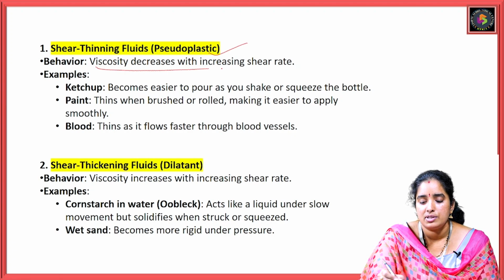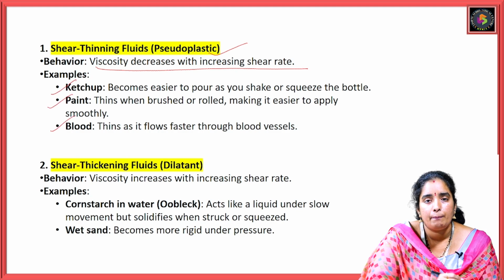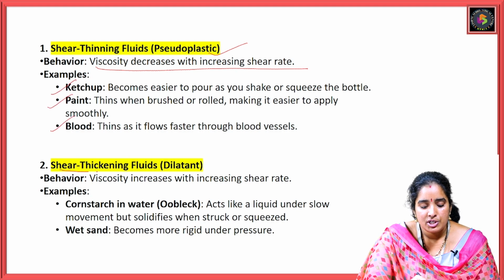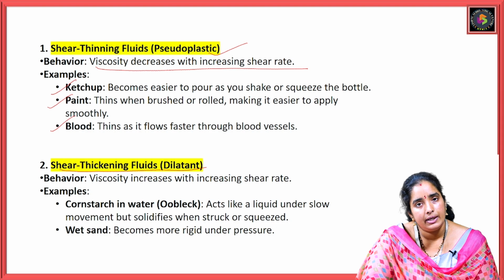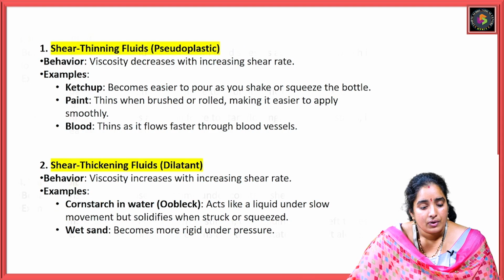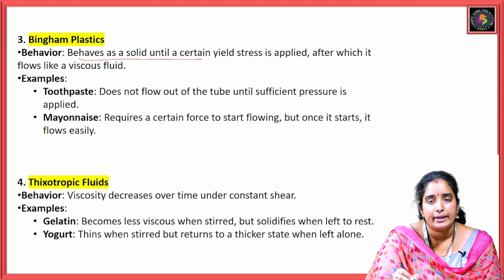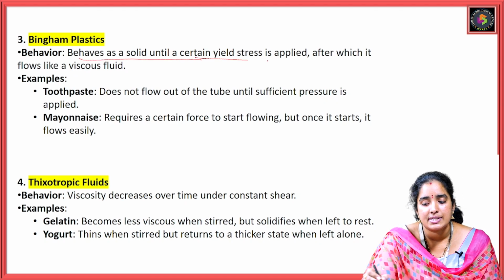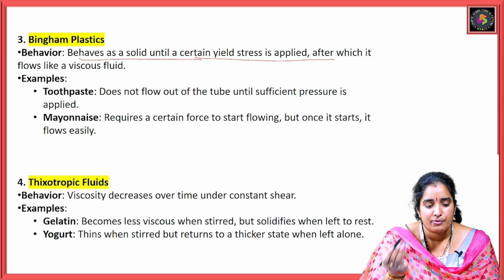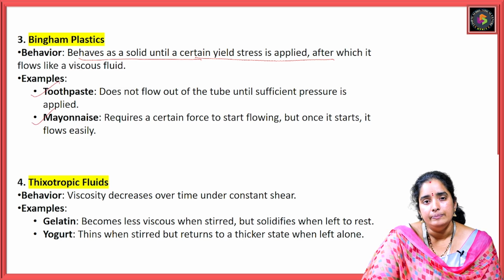Pseudoplastic: viscosity decreases with increase in shear rate. Examples: ketchup, paint and blood. Coming to shear thickening fluids, we call them dilatant fluids. Examples: cornstarch, wet sand. Coming to Bingham plastics, they behave as a solid until a yield stress is applied, like the intercept form. Examples: toothpaste and mayonnaise.